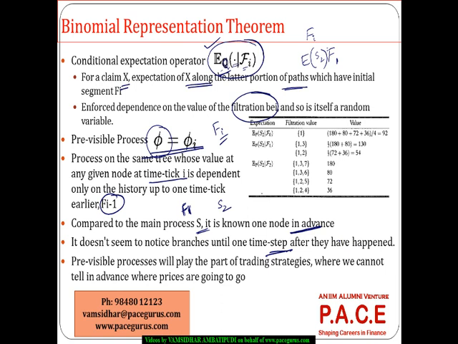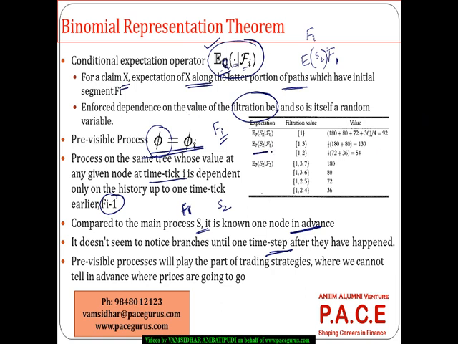This plays a very important role in trading strategies, where I can't say what the price will be tomorrow or in the future. So I'll not have the value up to that particular time point. I'll have only up to one period before that. So the majority of applications come down to previsible processes only.